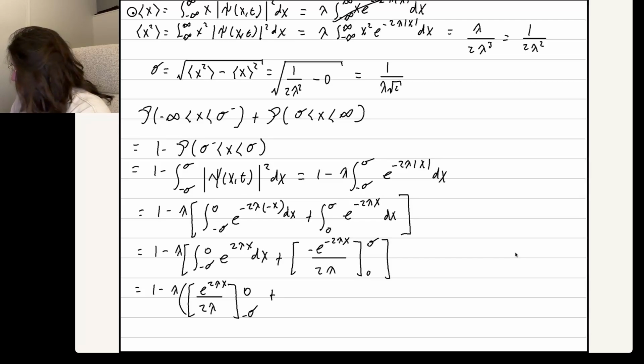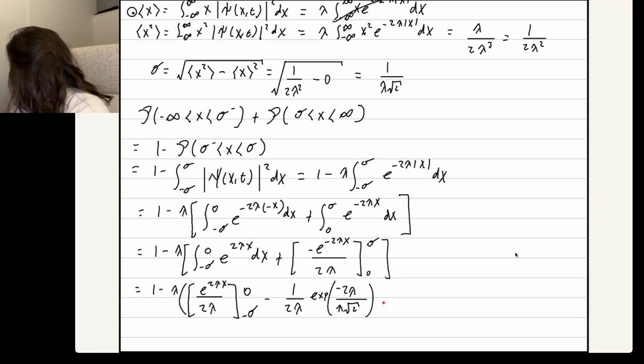And then we can go ahead and plug stuff in. So we'll have 1 over 2 lambda. We're going to have a minus sign actually. Minus 1 over 2 lambda, e to the minus 2 lambda, and then sigma was 1 over lambda root 2.